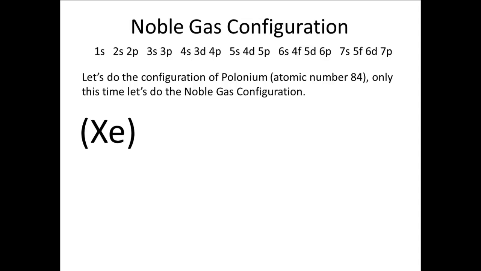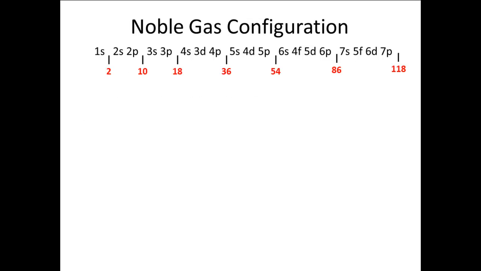Now we need to determine where to begin filling in the rest of the configuration. We know that xenon has 54 electrons. This means that its configuration has filled every subshell through the 5p. So we know that the next electron will go into the 6s subshell.